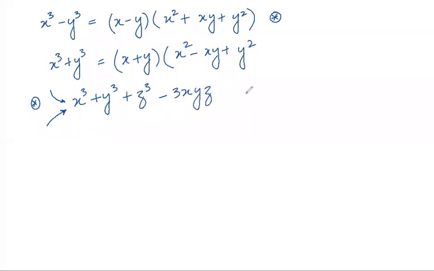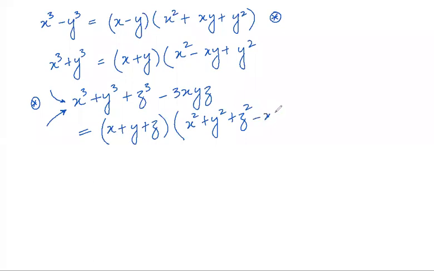Right. This is equal to, students, x plus y plus z into the square of each term, x square plus y square plus z square minus xy minus yz minus zx.